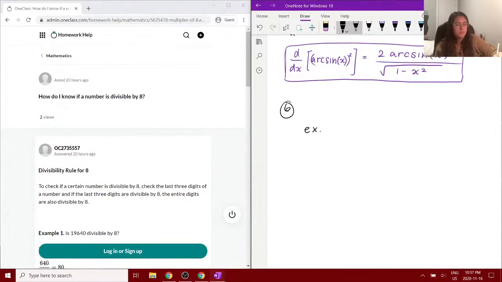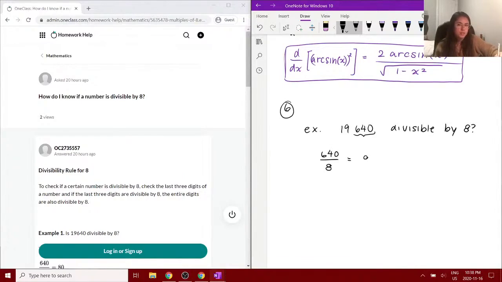So if we have the example of 19,640, we're wondering if this is divisible by 8. Then we can just take the last 3 digits, which is 640, and divide that by 8.